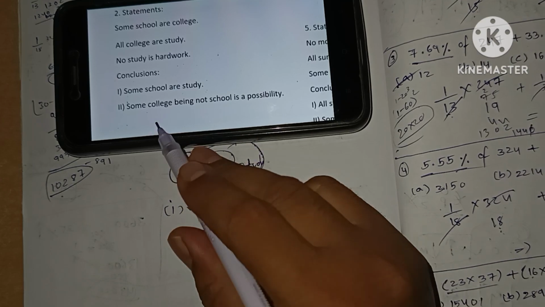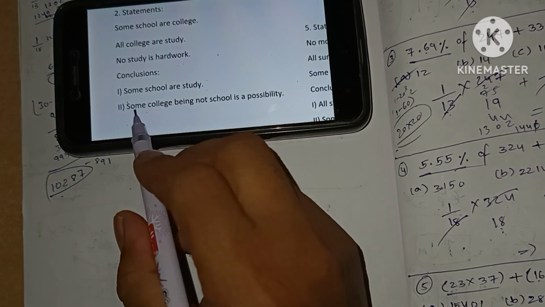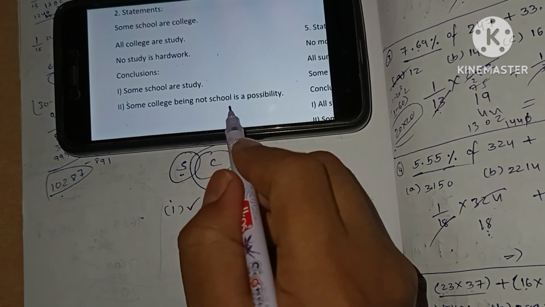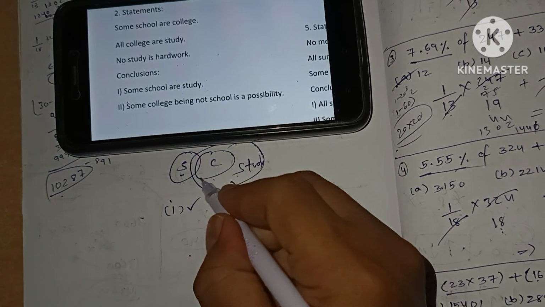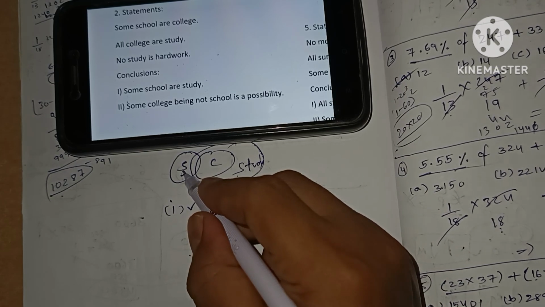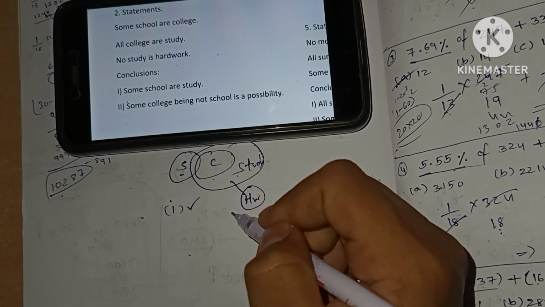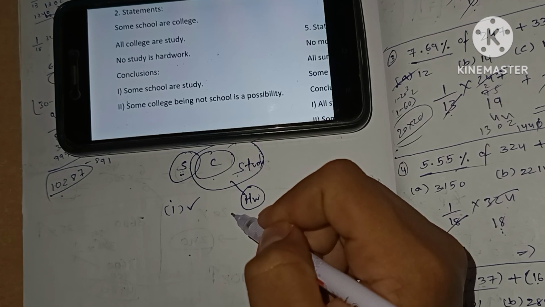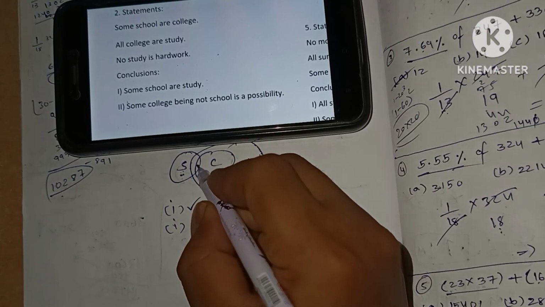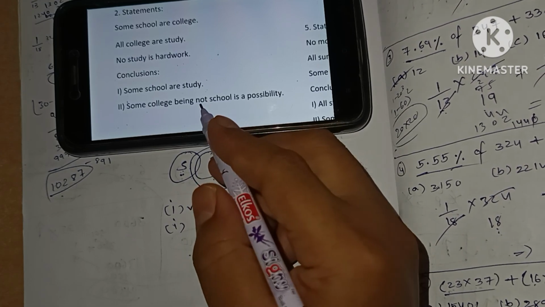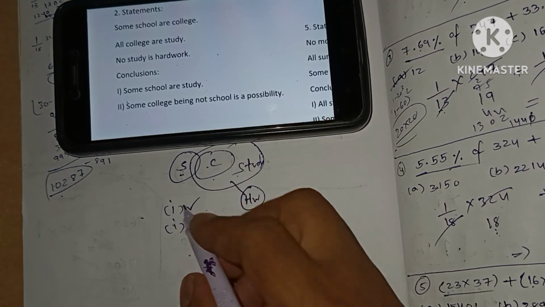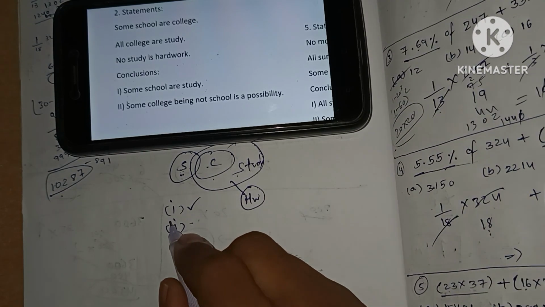Let's understand what it actually means: some college not being school is a possibility. No, it is not possible because it is already sharing some part, so a not cannot come between school and college. So the second one will be false.